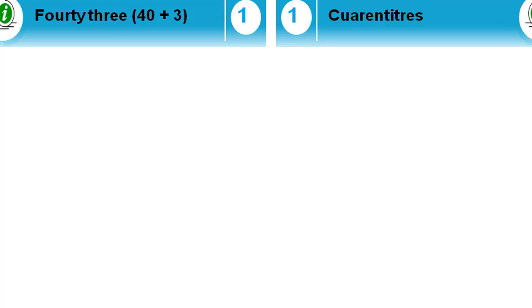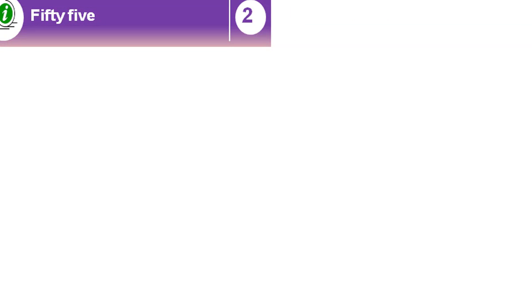Now, a few examples which we already discussed along the way. 43: cuarenta we know, y tres. So, cuarenta y tres. 55: 50 was cincuenta, and 5 as we know, cinco.